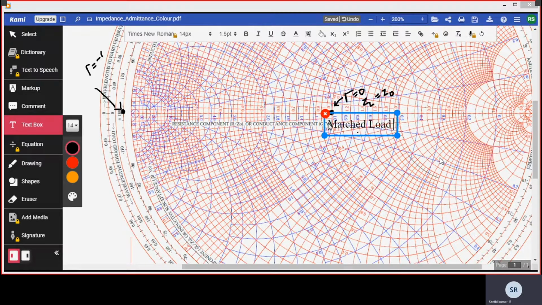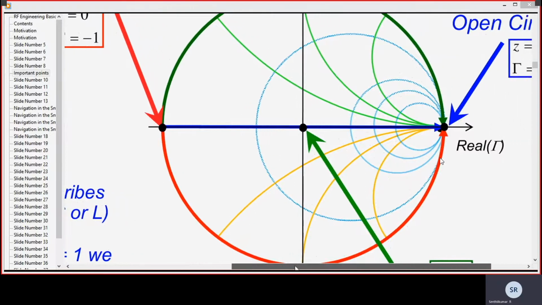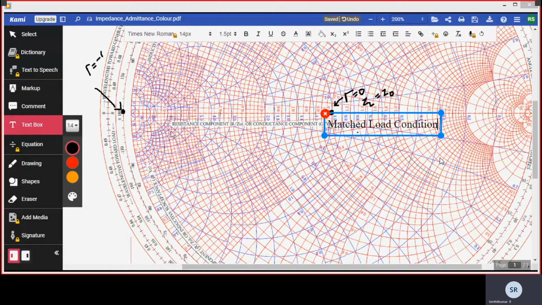This point corresponds to the matched load condition, that is, no reflection loss. If the reflection coefficient tau equal to 0, no reflection loss. We can verify it in the PowerPoint presentation.